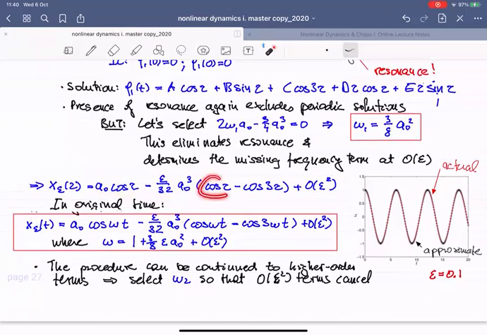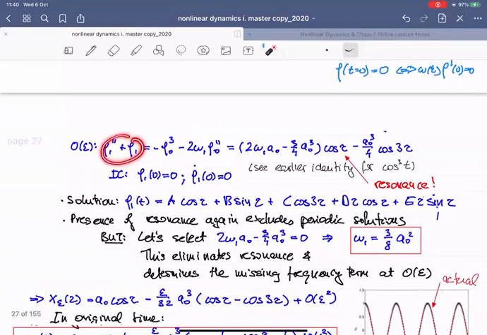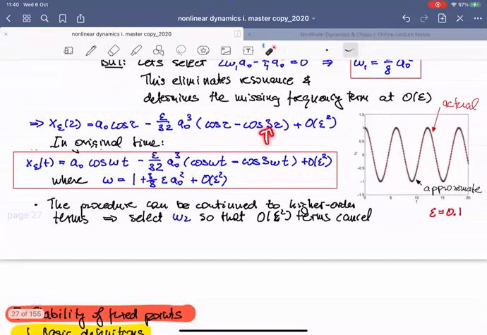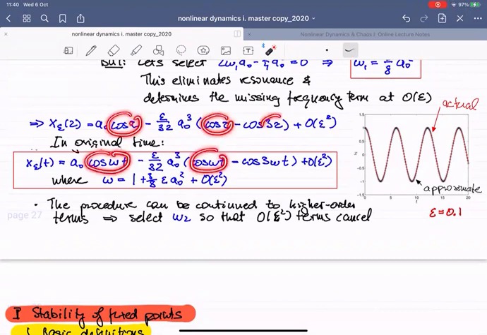This comes from the homogeneous part here. And that term is actually not there. So when I construct the particular solution, I only have to account for that, which I did here. So there's the homogeneous part, and there's the particular solution. I just plugged in everything here. And when I go back to the real time here, when I pass from tau to t, then all of a sudden cosine tau becomes cosine omega t, and 3 tau becomes 3 omega t.